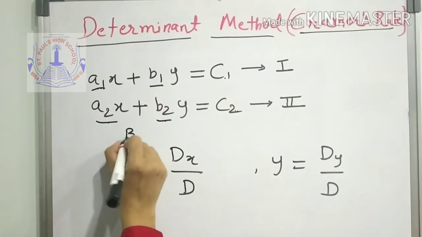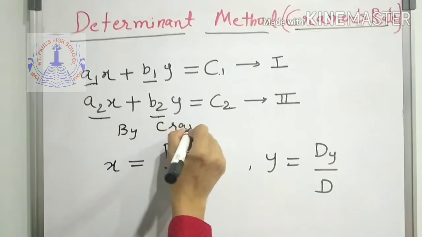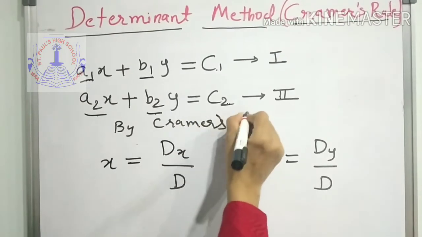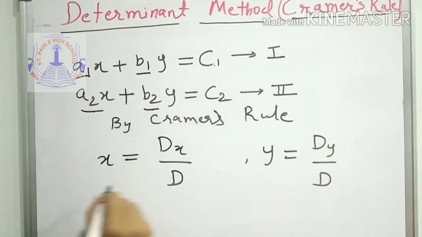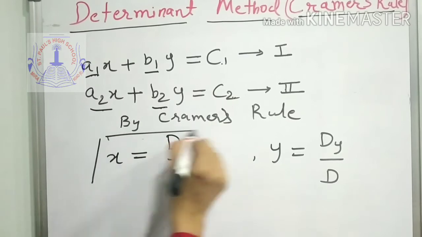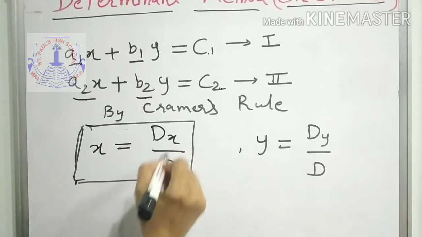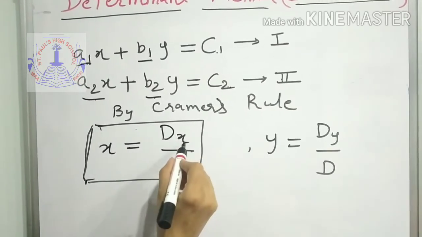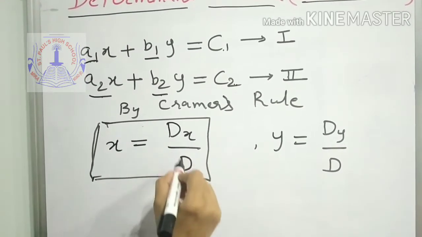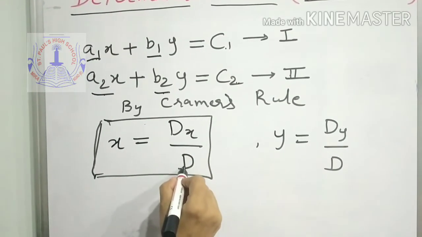Then by Cramer's rule, we have a formula: x is equal to dx upon d. Whatever value of dx we got has to be divided by the value of determinant d.